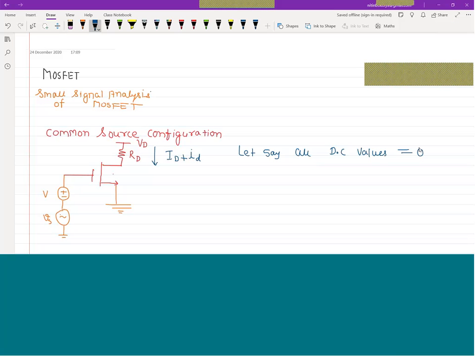Let's say ID represents the summation of AC and DC value, which is known as the instantaneous value.